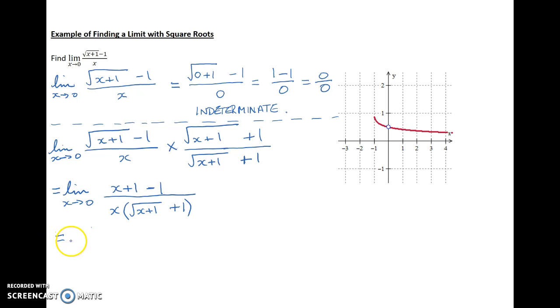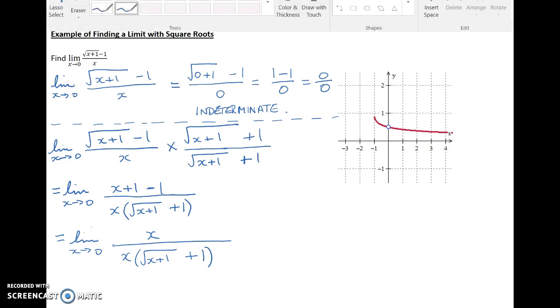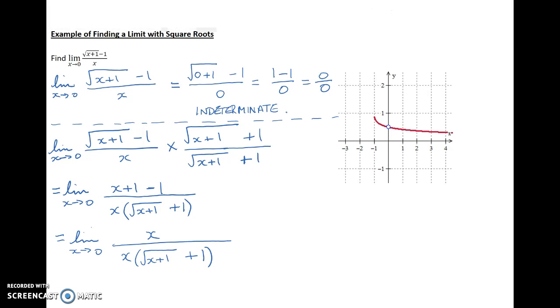Okay, let's keep going. This is going to give us the limit as x approaches 0. On the top, x plus 1 minus 1 is just x. On the bottom, we're going to have x times the square root of x plus 1 plus 1. And now I think you can see why we didn't multiply out the x on the bottom. It's because we can see that it's isolated there as a factor, and we can use it to cancel with what's on top.